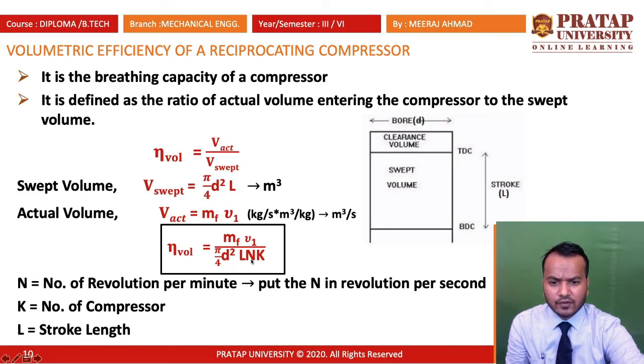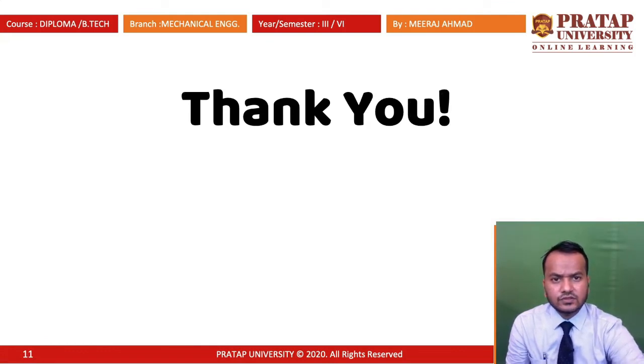So you multiply by N, which is the number of revolutions per minute. You can convert it into per second. So when you use this formula, N should be in revolutions per second, and K is the number of cylinders. Suppose there are K number of cylinders; suppose there are 2 cylinders, you can put 2 in place of K. Thank you. This is all for today's lecture.